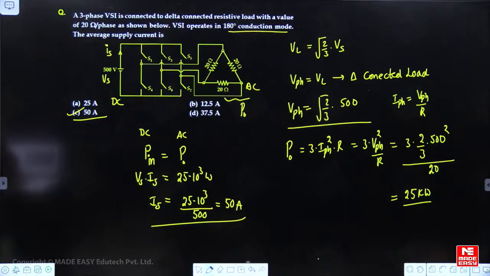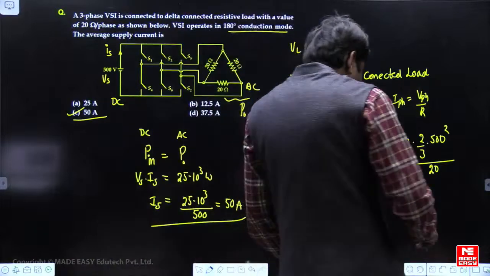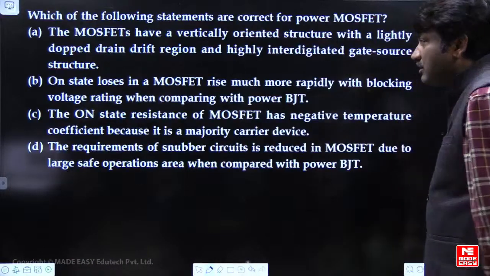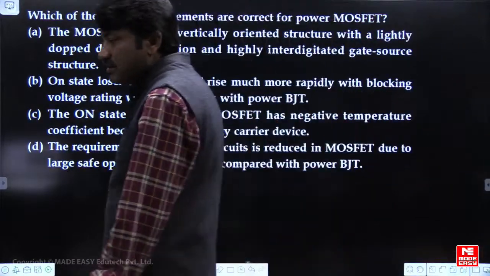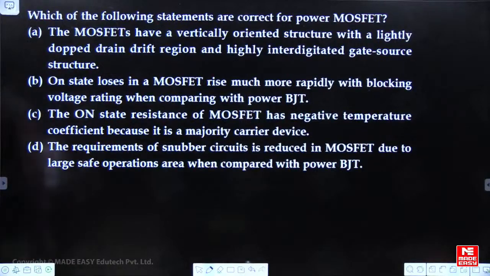Okay students, go through question number 3. All of you try question number 3. Which of the following statements are correct for power MOSFET?